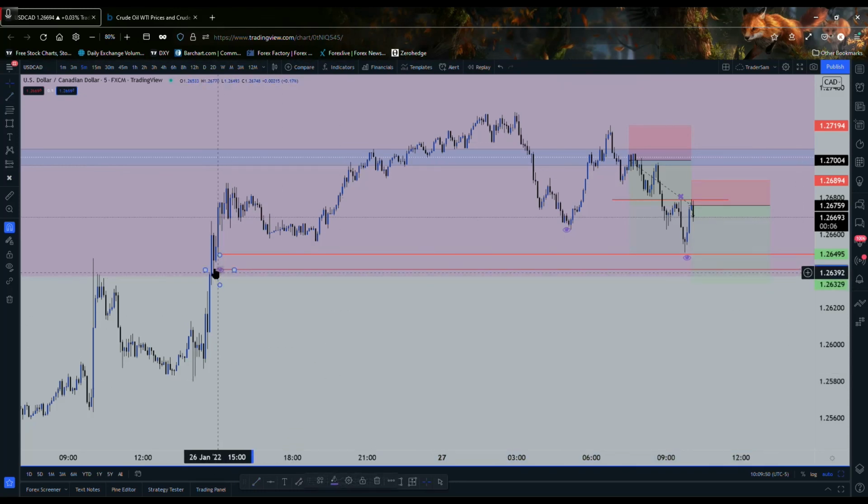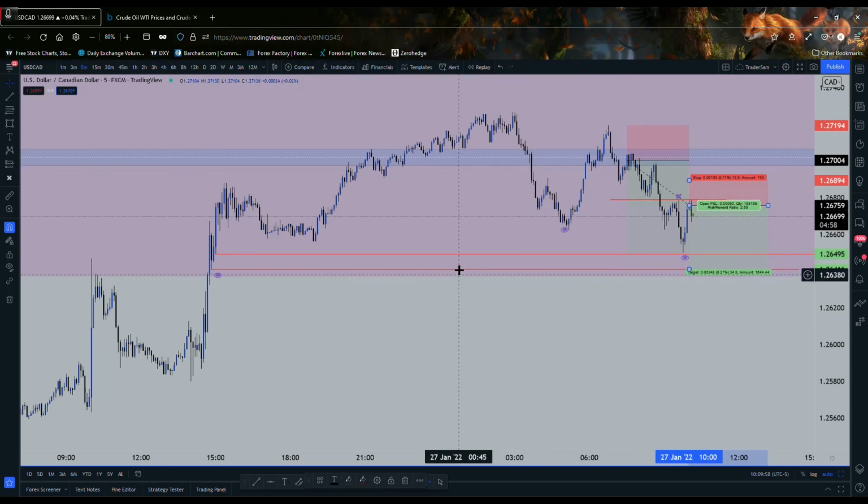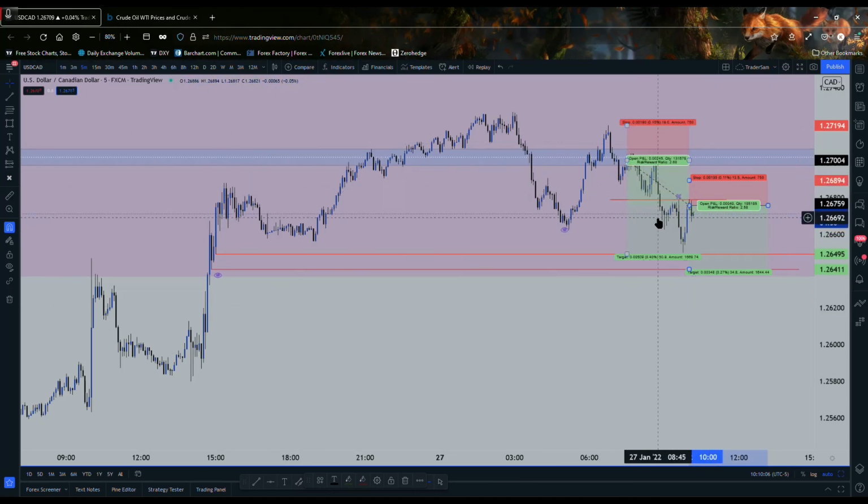There you go. Okay, so below this low, those are my two targets. About a 35 pip trade to make up for the stop loss that I just took. And I'm taking 1/3 of the position that I've taken on this trade. So, manage the stop loss accordingly.